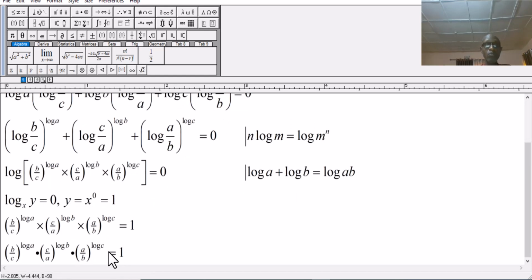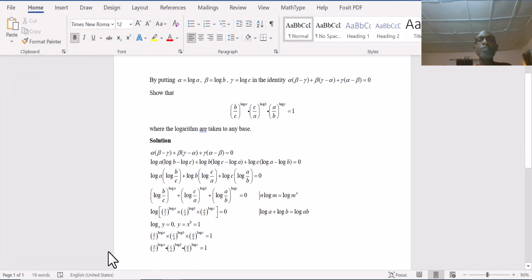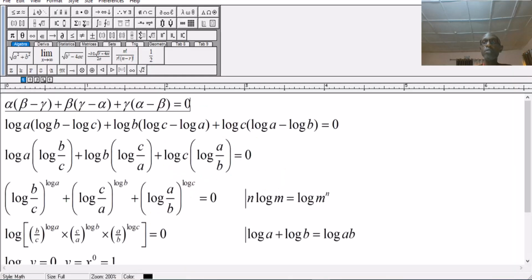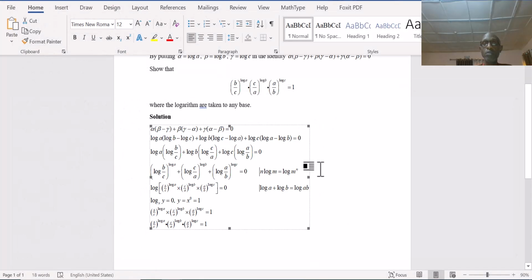We have been able to show that, and if you look at it, it tallies with what we are given. Let me copy this so that you will see it clearly. So that is the question. Look at it again.